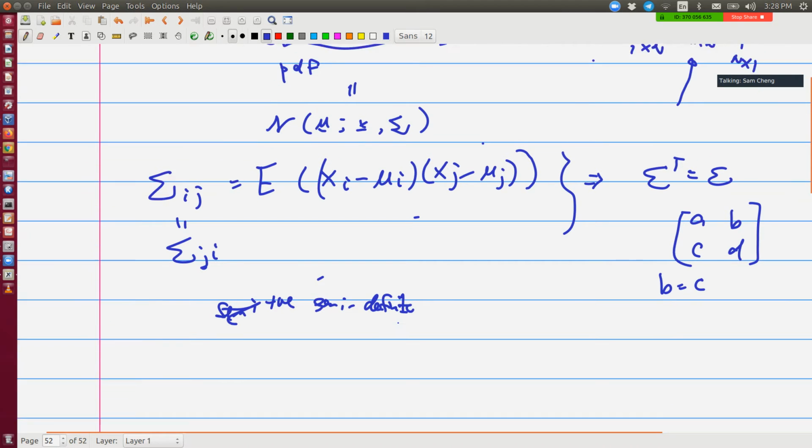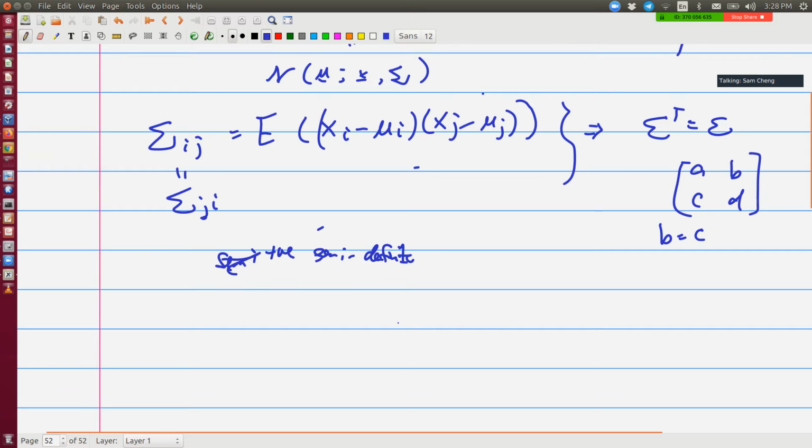What this means is that if I have sigma multiplied by any n by 1 vector x, and on the left-hand side I also multiply by the transpose of the same vector, this should always be greater than or equal to 0. If it's greater than or equal to 0, it's positive semi-definite.